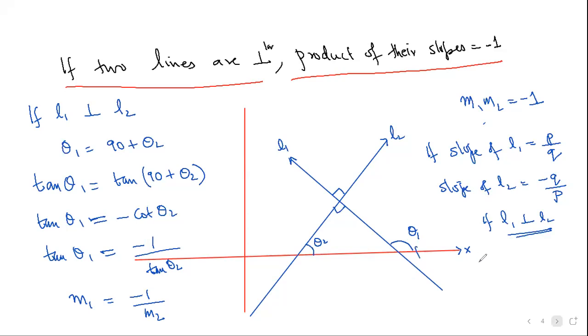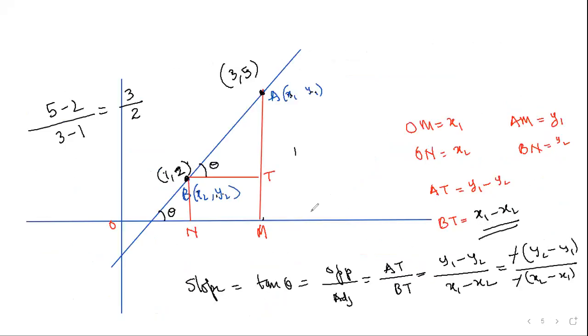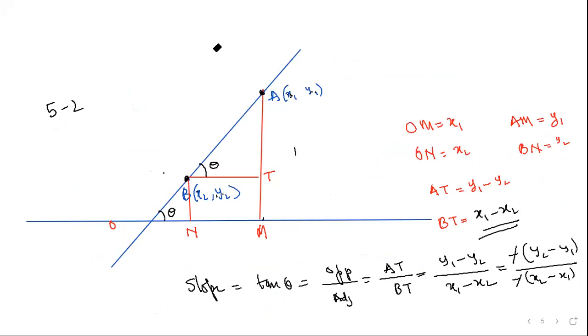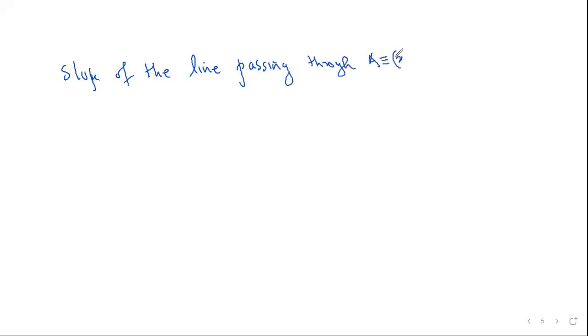Okay, I have 3 minutes, so let me teach you one application more. This application I forgot. Slope of the line passing through capital A whose coordinates are x1, y1, and capital B x2, y2.